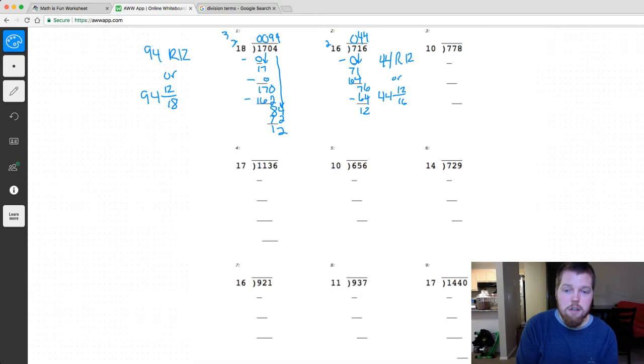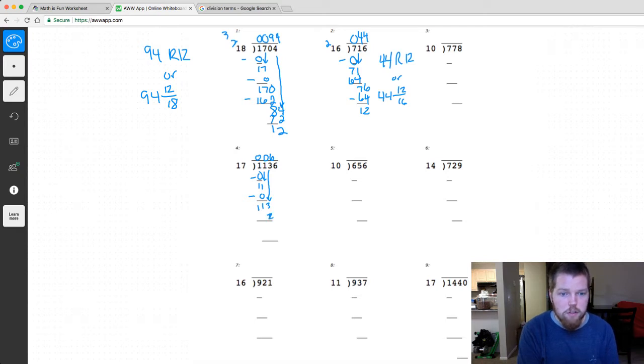I'm going to skip the 10 because that's a fairly easy one to do. 17, can 17 go into 1? No, it cannot. 0, subtract 1, carry down the next place value. 11, still can't go into it. 0, do the subtraction, carry down the next place value. How many times can 17 go into 113? Let's say 6. 6 times 7 is 42.